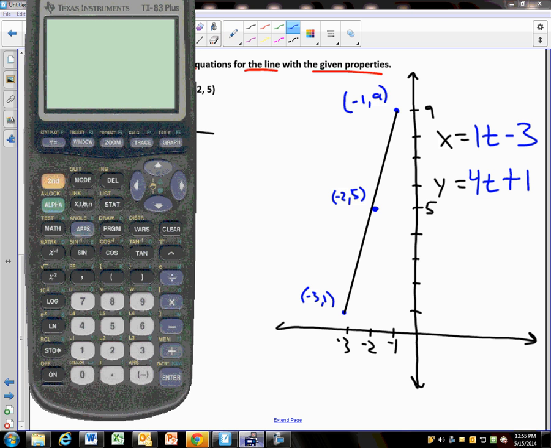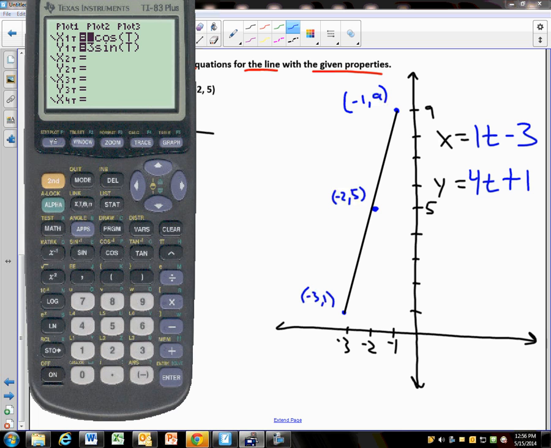If you want to see if you get the right graph, go ahead and turn on your calculator and plug it in. I can graph t minus 3, and I can graph 4t plus 1. And when I graph them, is that the line that I have? It sure is.